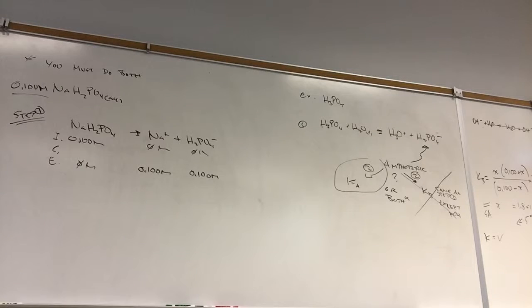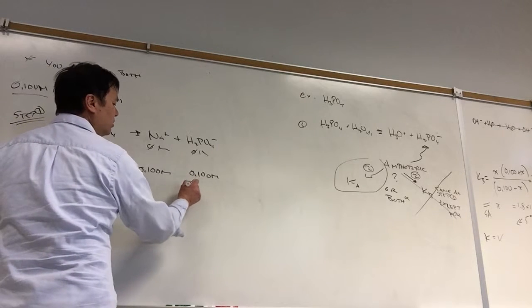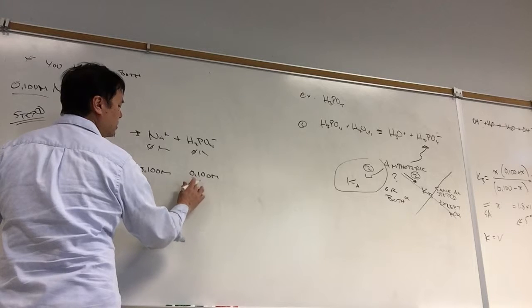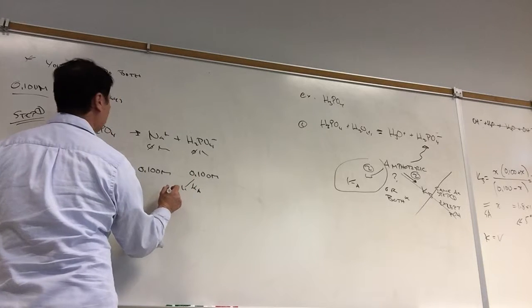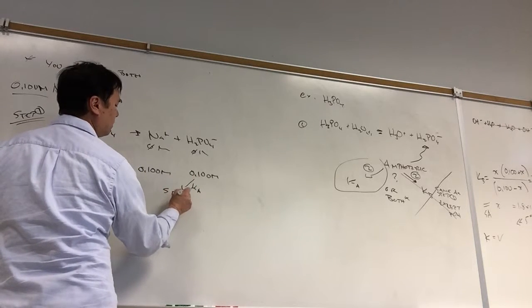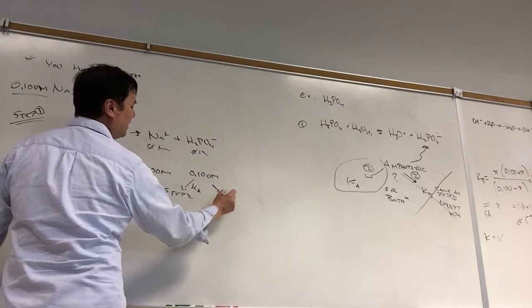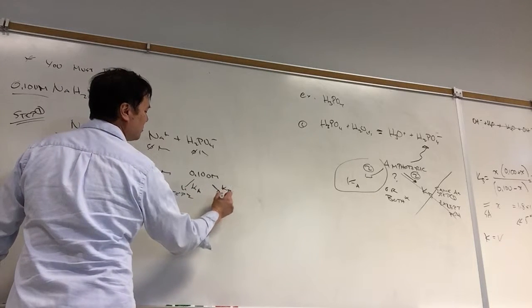And so there's no phosphoric acid present here, no H3PO4. And so what do I do? Well, H2PO4 minus, now I got a choice. Do I do Ka for step 2, or should I do Kb for step 2?